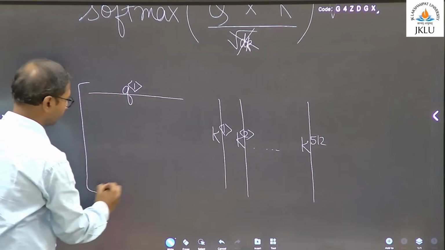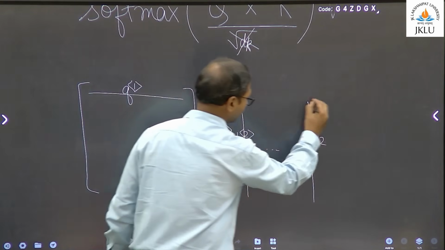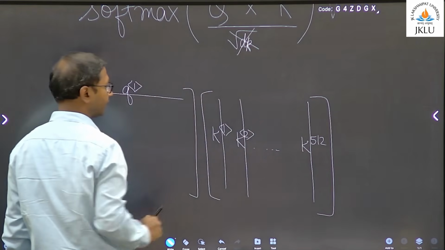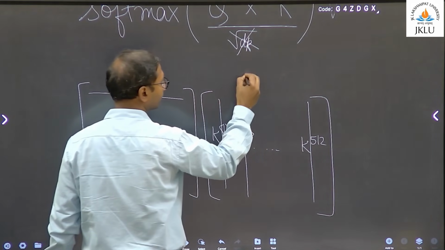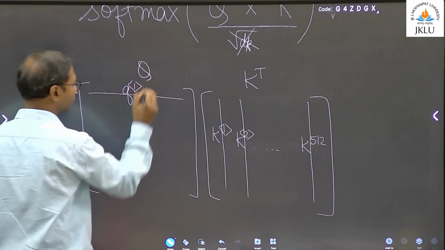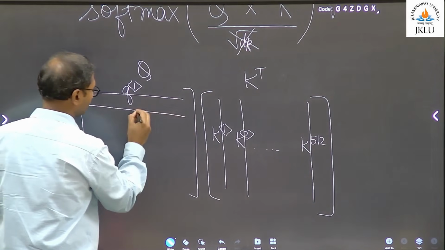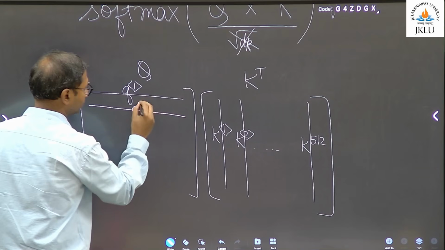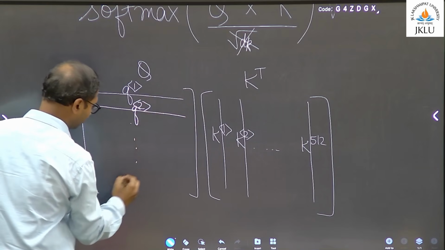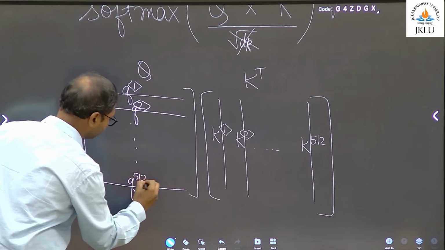So this is a matrix. Which matrix? K transpose. This is Q. What will be the next thing in Q? Q2 all the way until Q512.